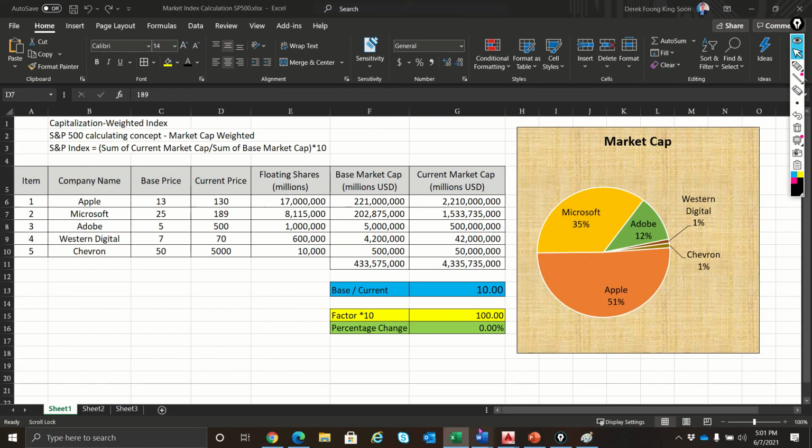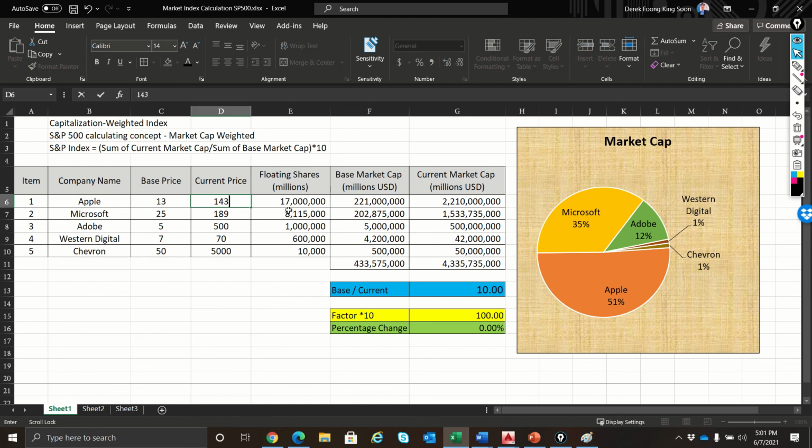If we go to an Excel spreadsheet, let's say the index is around 100, the price is at 100 right now. If you have a price change in Apple, let's say 10%, then it will be 143.